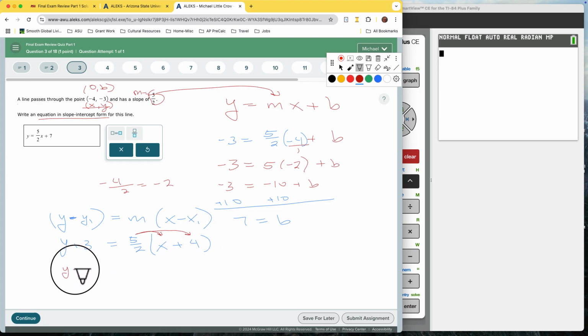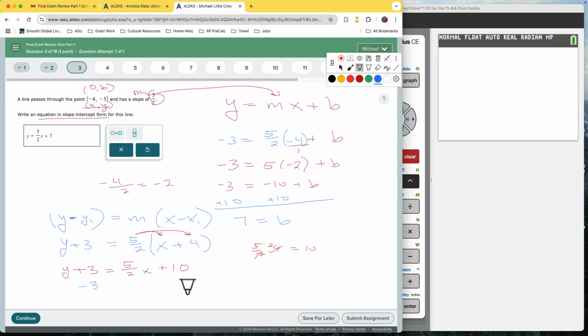So you get y plus 3 equals 5/2 x, and then we have 5/2 times +4 in this case. 2 goes into 4, that gives us 2. 2 times 5 is 10, so that gives us a +10. And then you just subtract 3 from both sides.